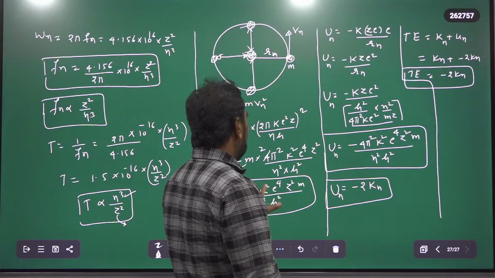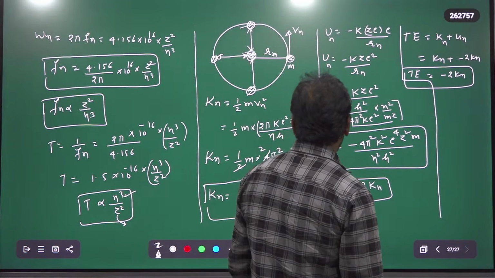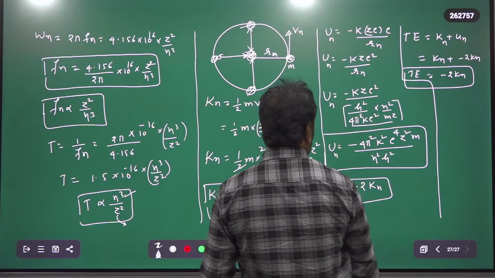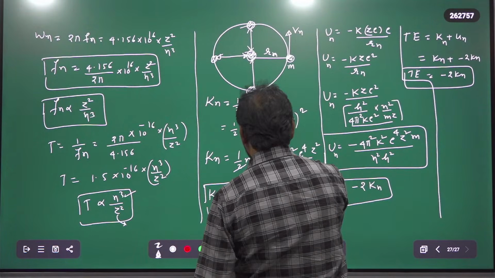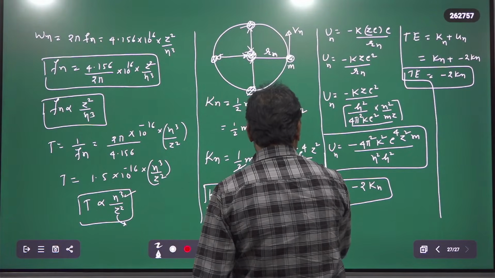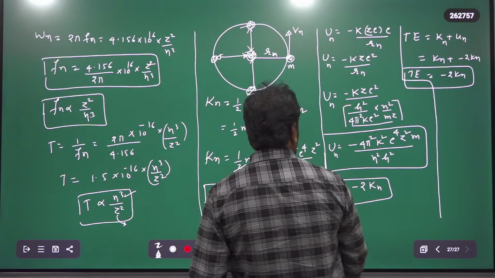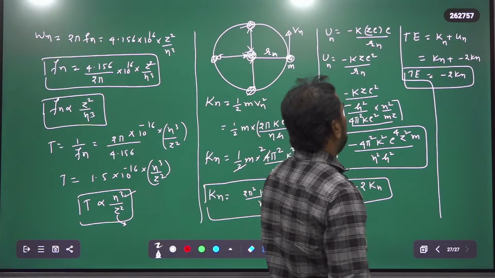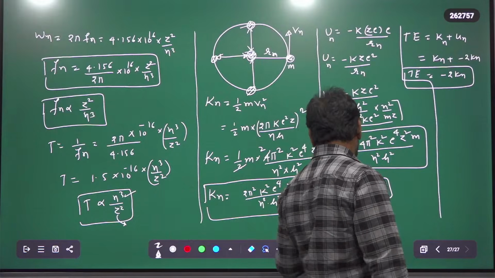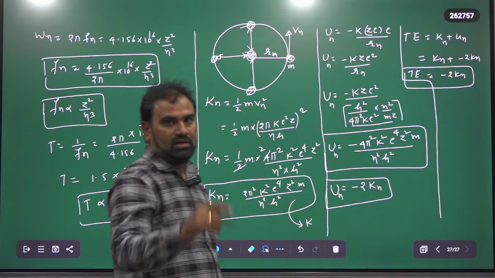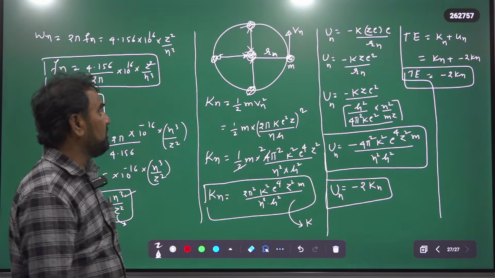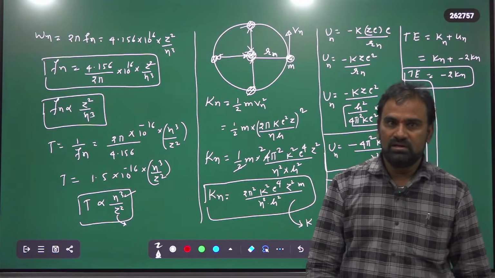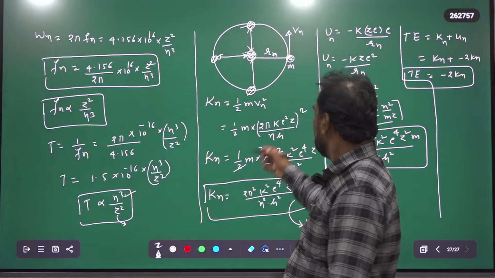Total energy, potential energy and kinetic energy will be in the ratio of 1 is to minus 1 is to minus 2. That is the ratio of the energies of the electron in an nth orbit. Is it clear?